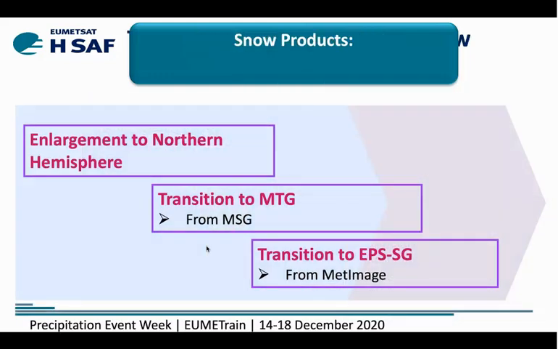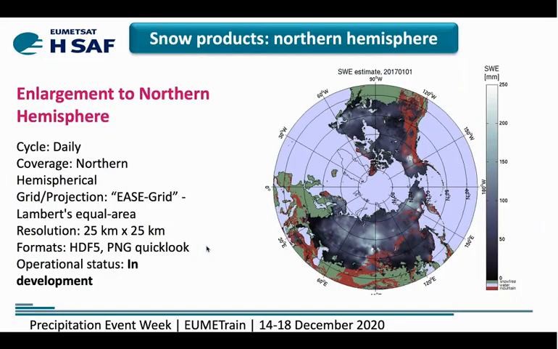For the future, an enlargement to the northern hemisphere is foreseen, and for this kind of product, there will be the use of data coming from Meteosat Third Generation and ASCAT second generation in order to improve the accuracy of the product. This is an example of the enlargement to the northern hemisphere. This will be a daily product.